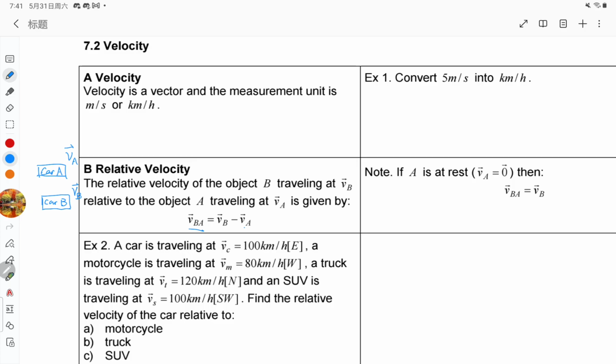This is just an example of how fast you see car A from car B.